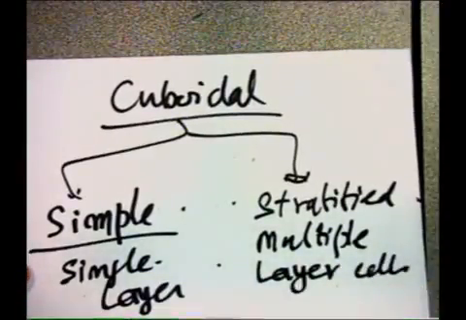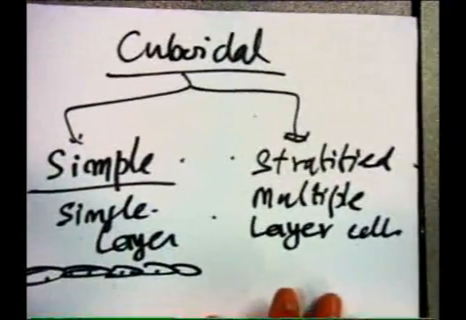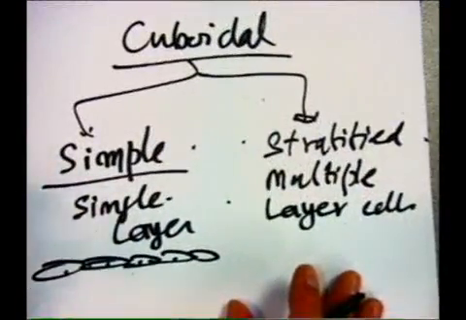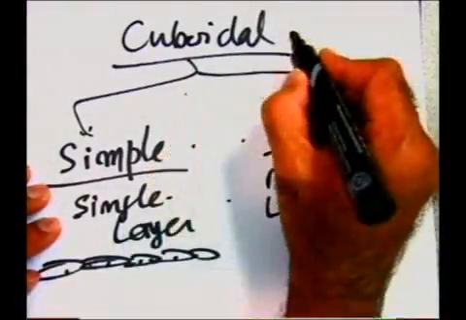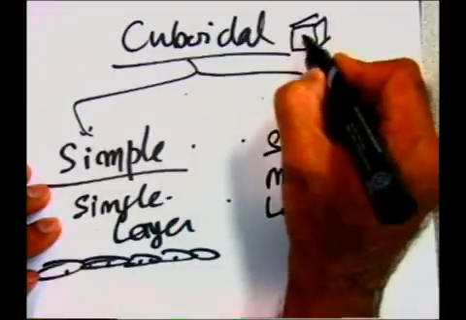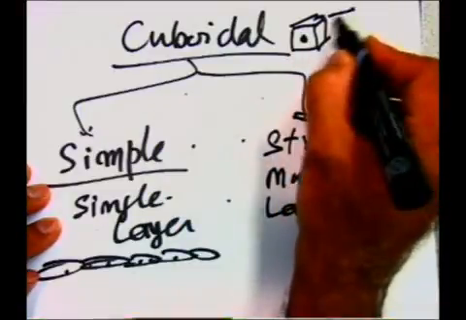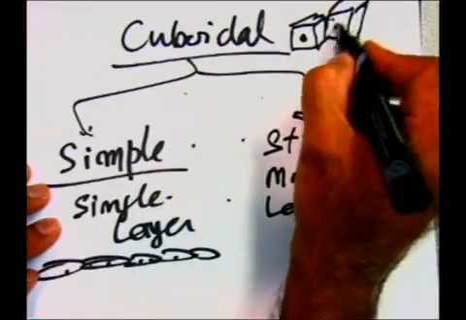Like here, it goes like this. As I mentioned in the lab as well, the structure of cuboidal cells is like a cube, right? These cells, and then another cell will go like this, and another like this.